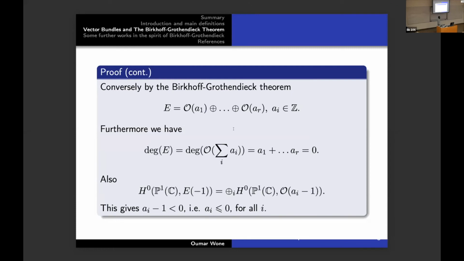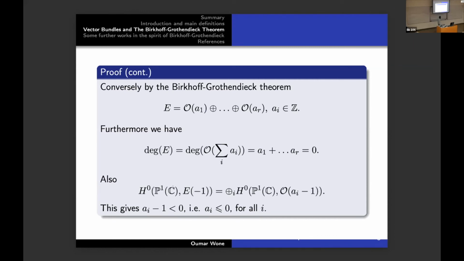Conversely, by the Birkhoff-Grothendieck theorem, we know that E is of this form, a direct sum of O(a_i) with a_i in Z. And furthermore, we know that the degree of E is a_1 plus, it is the sum from a_1 to a_r.